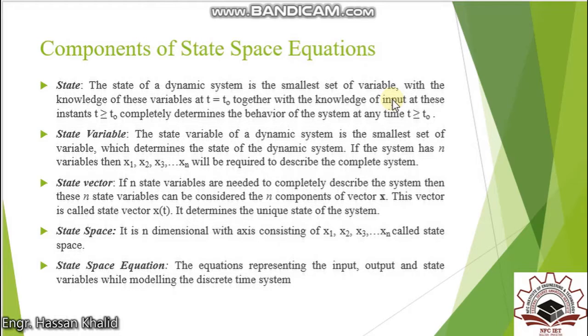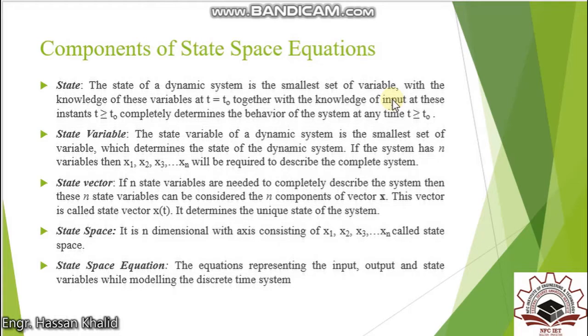The state vector. If n state variables are needed to describe the system, then there will be a vector with dimension n, which is called the state vector x of t.